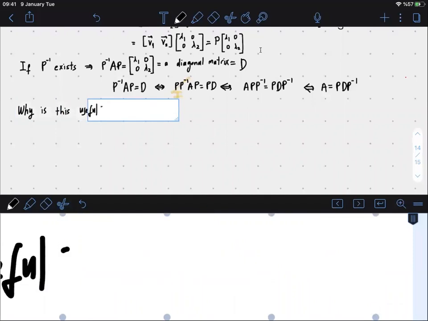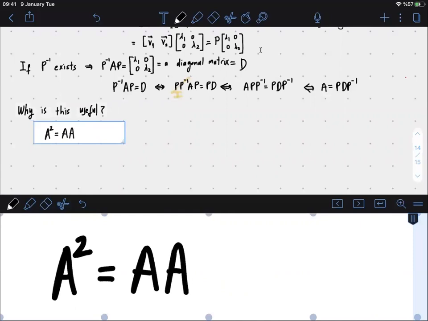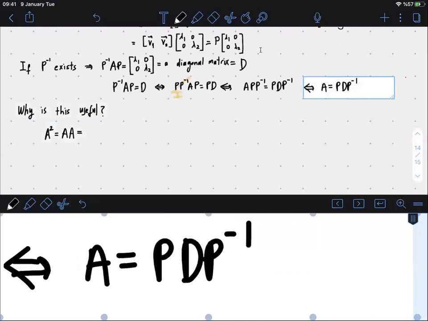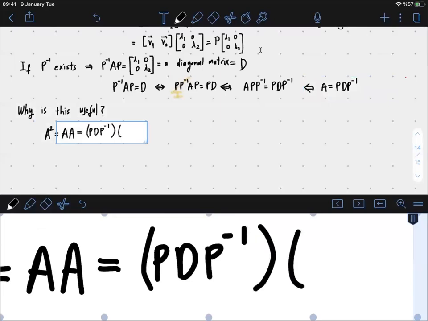Now let's see why this is useful. This is useful because suppose I'm trying to compute A squared. A squared means A times A, right? So now let's use this representation. A is PDP inverse, so I'm multiplying PDP inverse by PDP inverse.